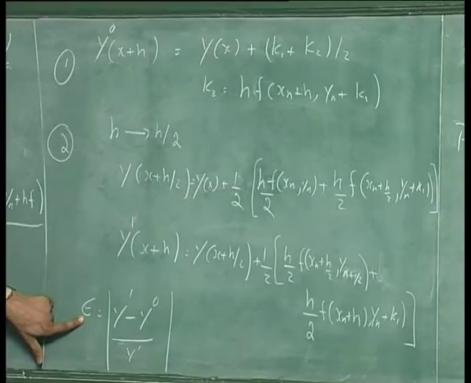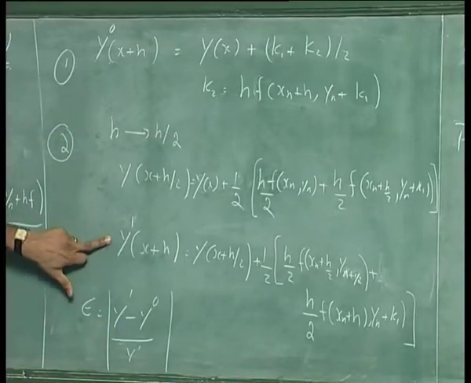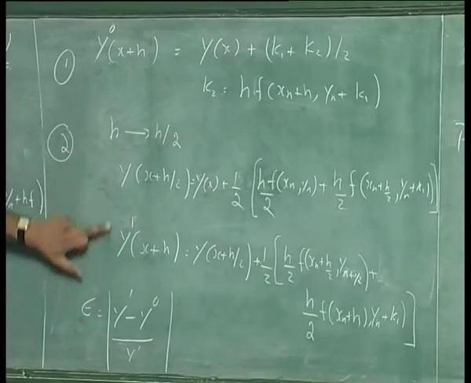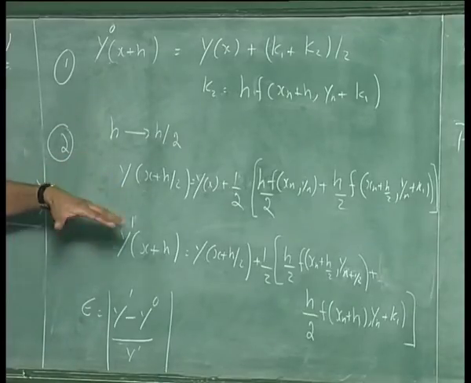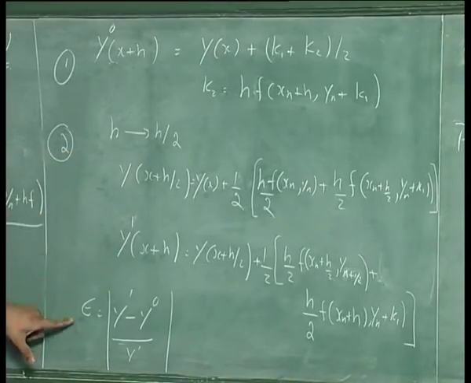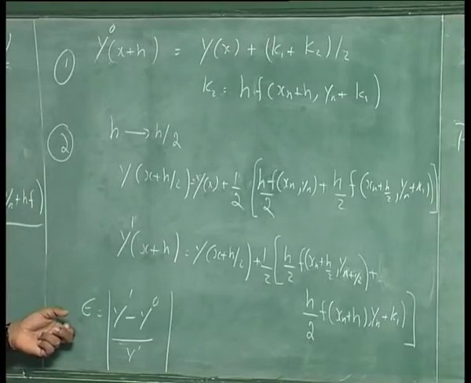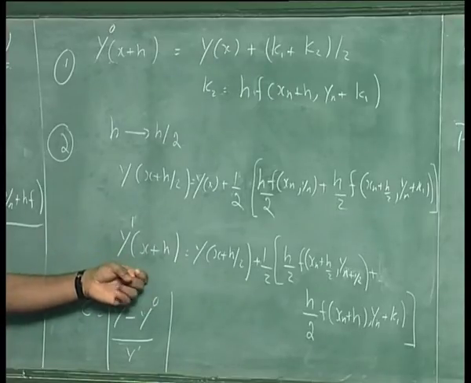Now if this error is significant, depending upon what accuracy you want, then I will go back here and again halve the step. Now I say my y0 is this y1, and I will compute y1 again by halving the step and going in 2 steps. I will keep doing this till I get the same values from y1 and y0. And that determines the step size which I want to use.